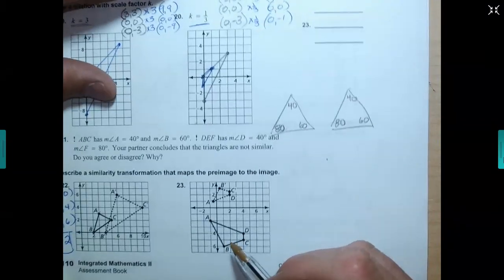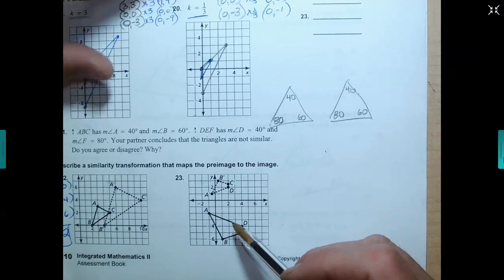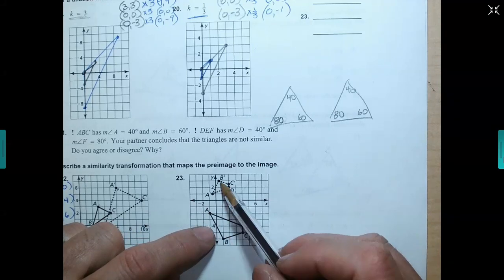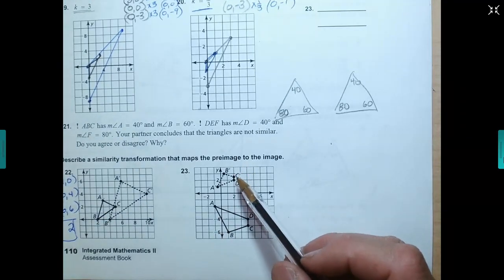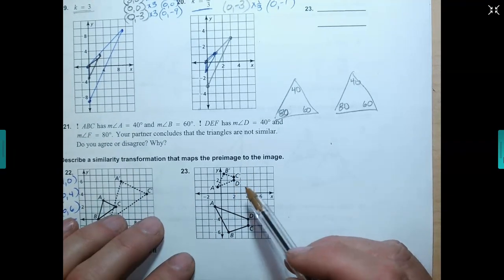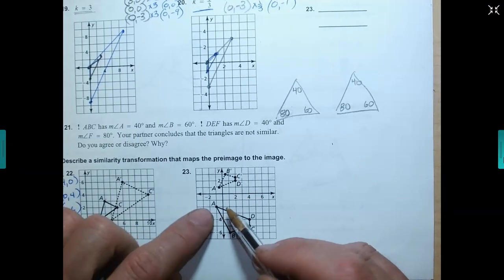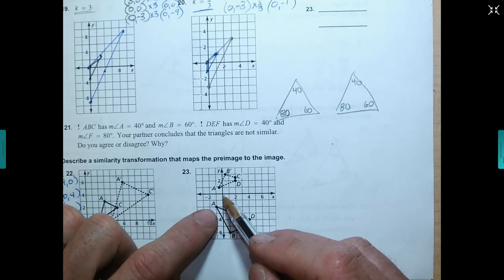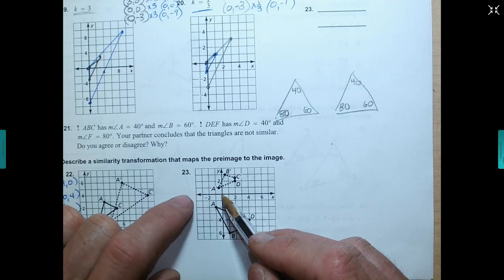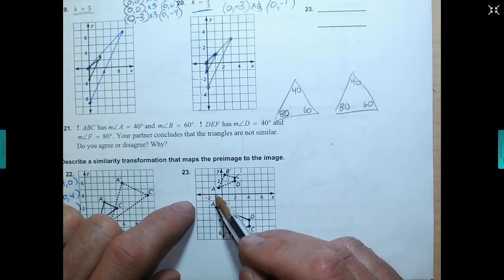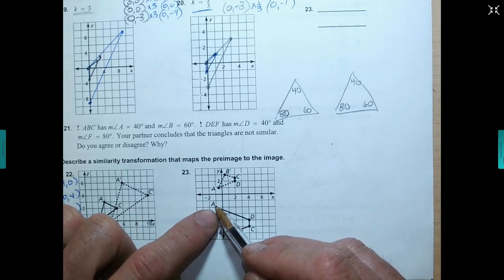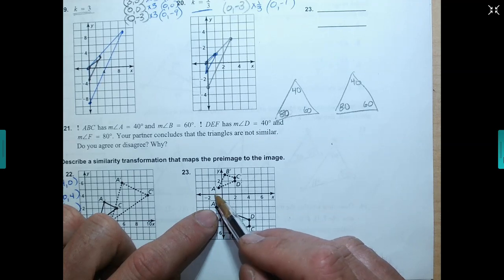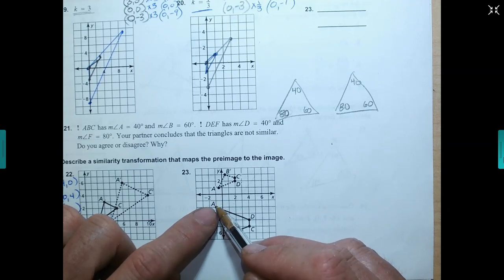So let's look at these guys right here. Well, straight away I see this pointy, so it looks like it's reflected across the x-axis. And let's see, this point, 0, negative 2. No, that's 1. Sorry. Negative 1, negative 2.